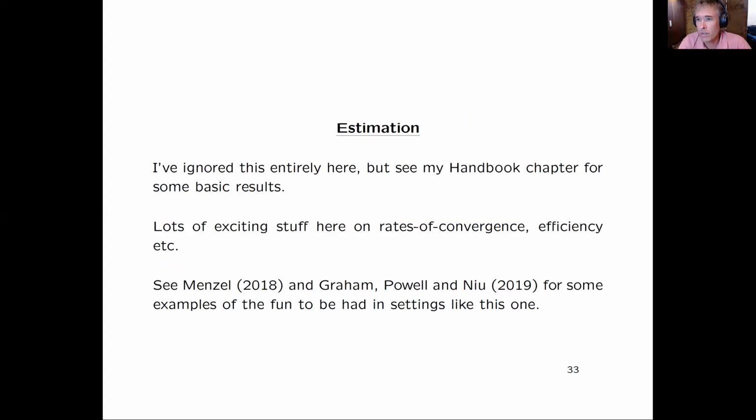Of course, there's the issue of estimation. I have some basic results in the handbook chapter. And actually, estimation here is super fun. There's all sorts of wild stuff that can go on with rates of convergence, efficiency, whether you get normality, and if you like, there are uniformity things to worry about. I just mentioned a nice paper by Konrad Menzel on applying the bootstrap to these settings, and a paper that I did with Jim Powell and Fengxi Niu, a PhD student at Berkeley, that looks at density estimation in this setting.